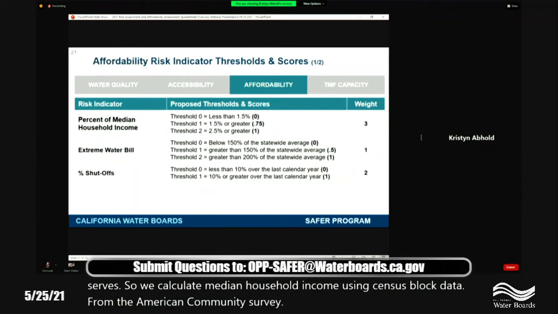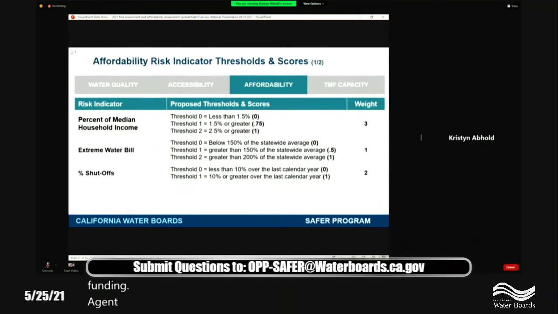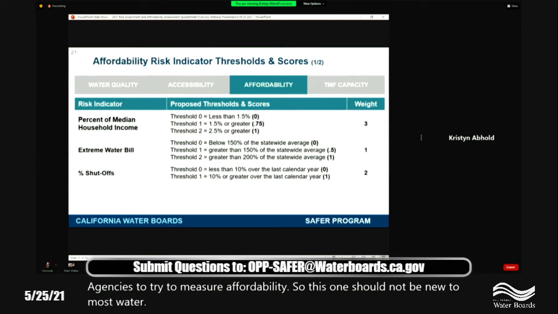This metric is used often by our Division of Financial Assistance and USDA and a bunch of other funding agencies to try to measure affordability. So this one should not be new to most water systems. Percent MHI has been around for a long time.